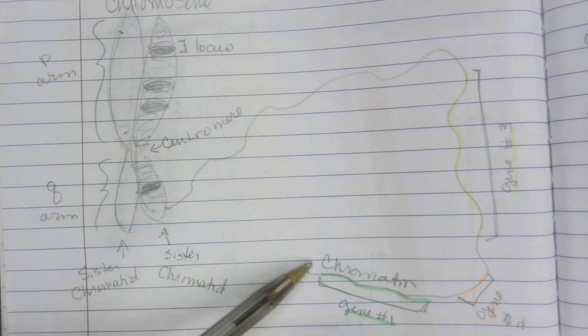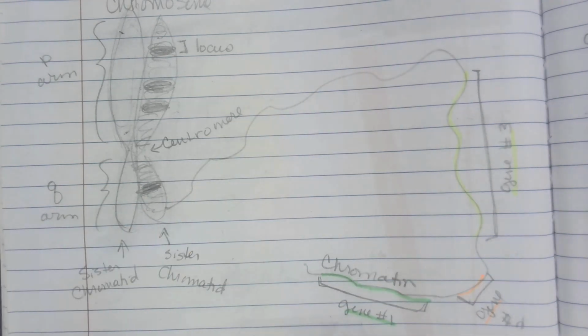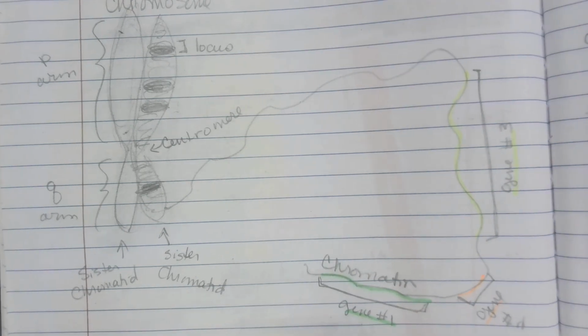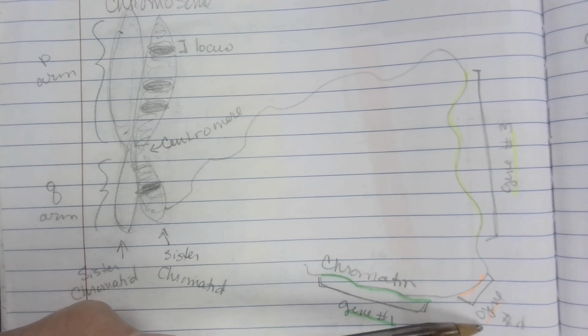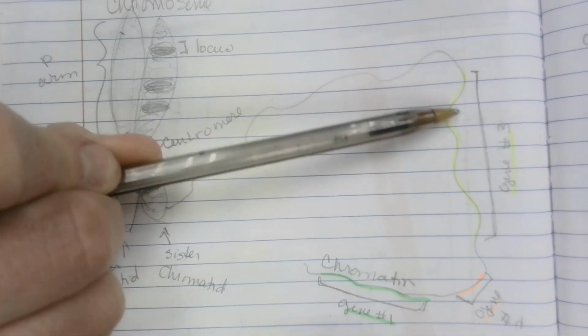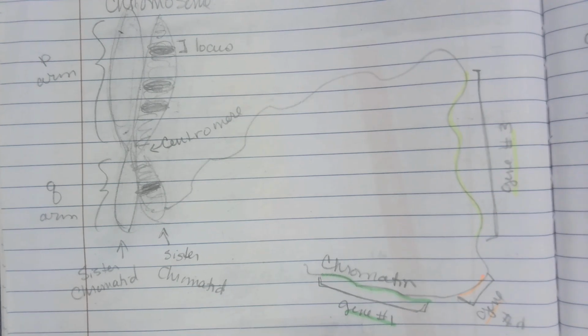Chromatin is the strand of DNA, and each region on it represents a certain amount of DNA that codes for a gene. From here to here, all of that DNA codes for gene number 1. This DNA codes for gene number 2, and this DNA codes for gene number 3.